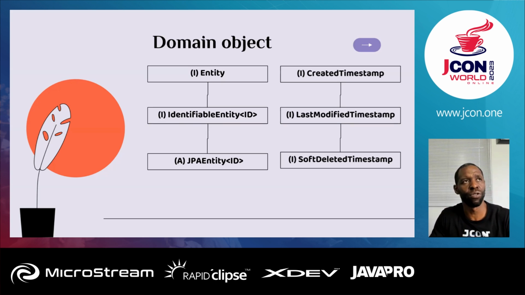For those who want to create some kind of audit, we can have a created timestamp, a last modified timestamp and a soft deleted timestamp. As you can see, the I in brackets is an interface, and the A in brackets is an abstract class.